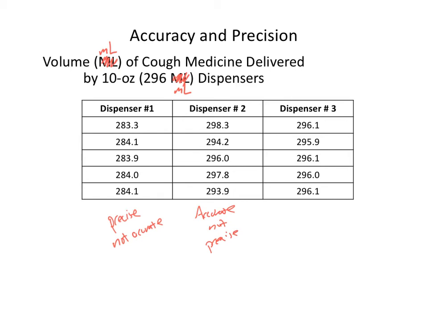And then in the third example, now we have a tight grouping. 296, 296, 296, 296, 296, and of course they're all close to the true answer, so I would say that this dispenser is accurate and precise.